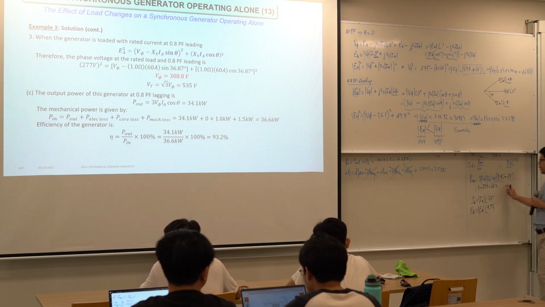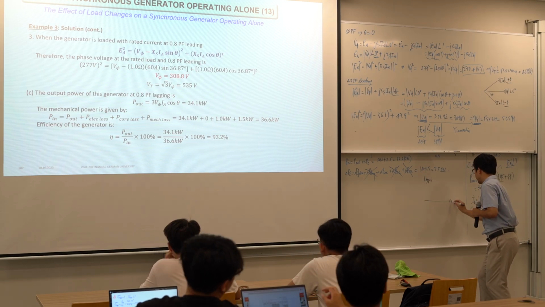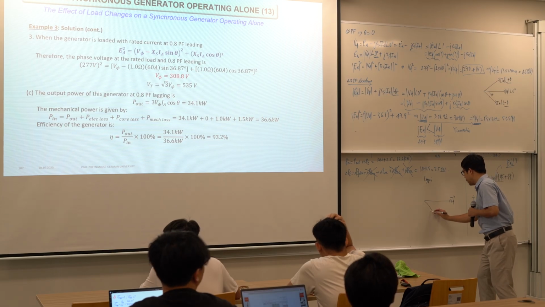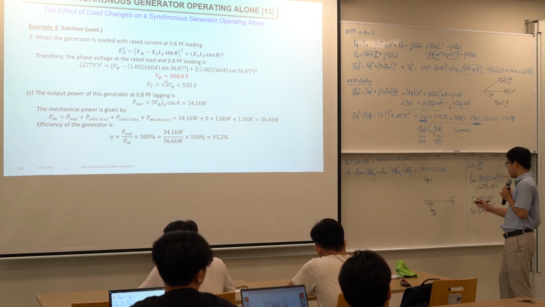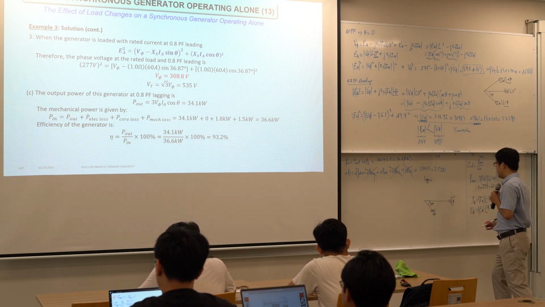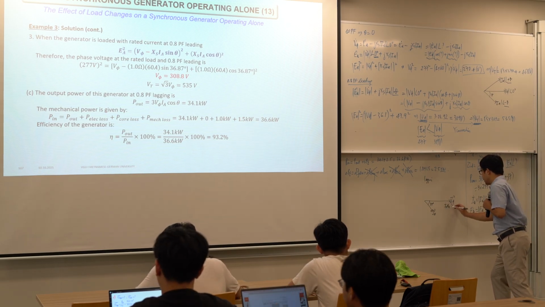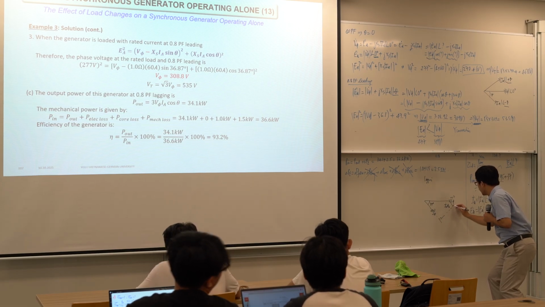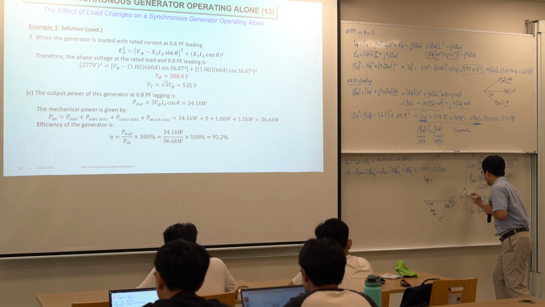Why do we have this here? Because for the lucky case, this is V phase, and this one is IA. This angle is 37. So this is IA RA. This one is jXS IA.